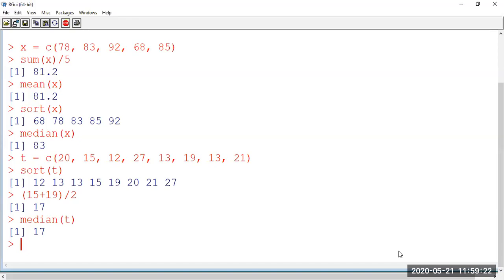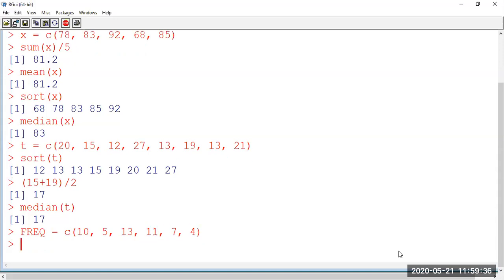So I'm going to enter the frequencies: 10, 5, 13, 11, 7, and 4. The midpoints that we computed are 25, 75, 125, 175, 225, and 275.